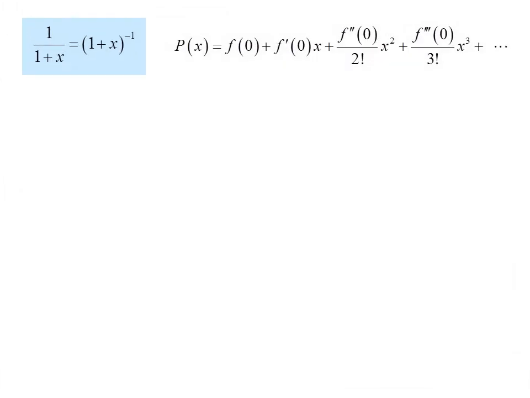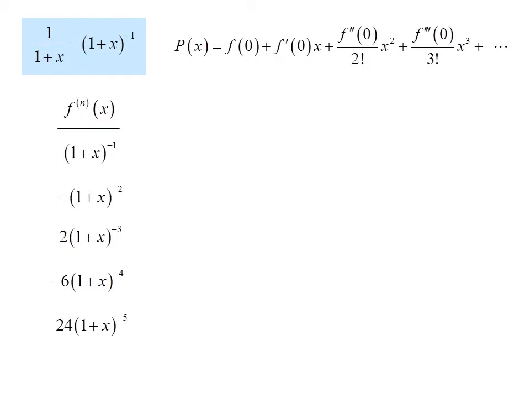Now for the fraction 1 over 1 plus x, we repeat our process. We have the function and its derivatives. Then we evaluate the function and its derivatives at x equals 0.